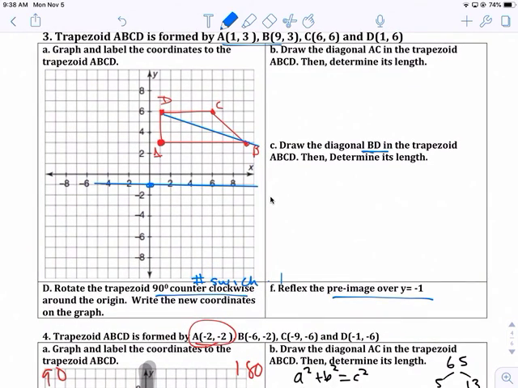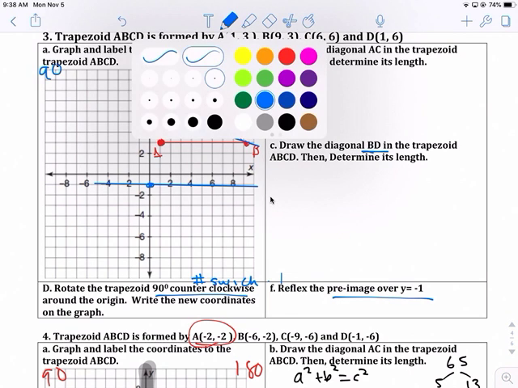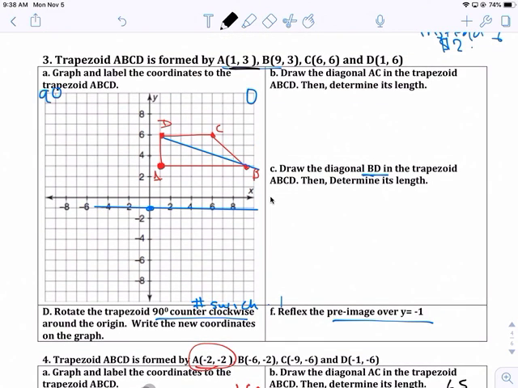A prime: instead of 1, 3, it's negative 3, 1. And instead of 9, 3, it's 3, 9. This is 6, 6, there's no flipping those. And then 6, 1 right here, flip that. It's your shape, like that.